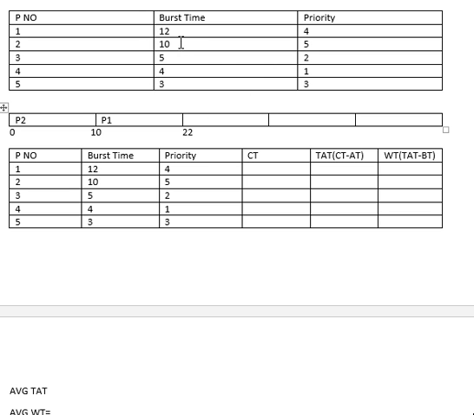Next one is your P5, because the priority is 3 here, and its burst time is 3, it becomes 25, right? Next one is your P3, and that is 5 again, so this becomes 30.